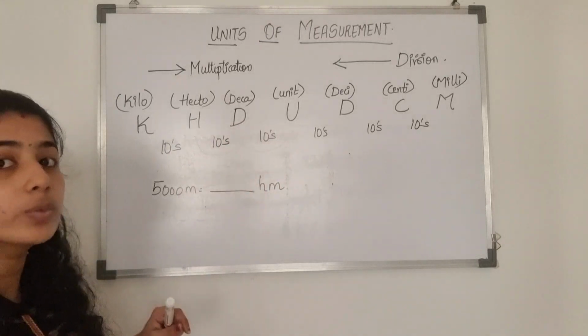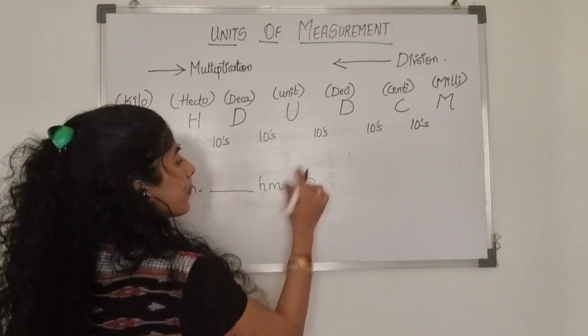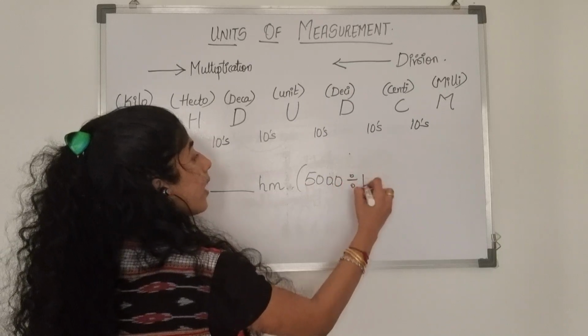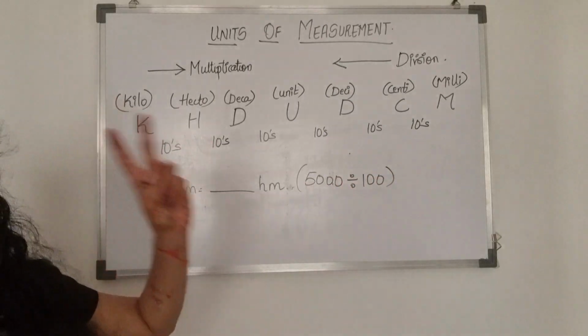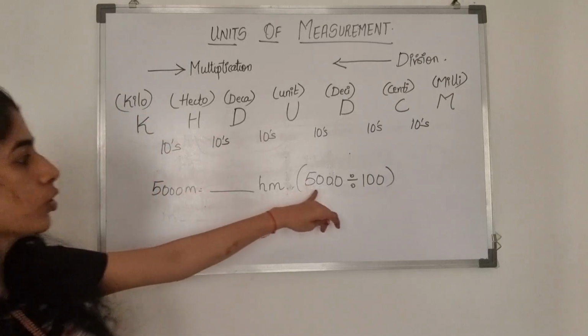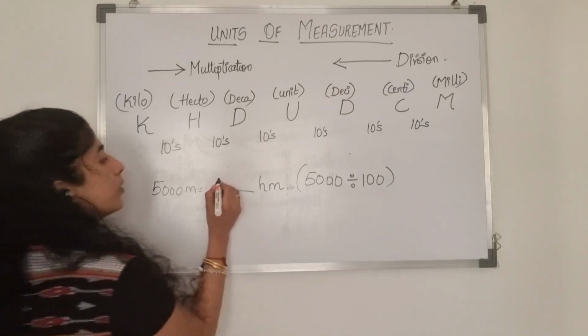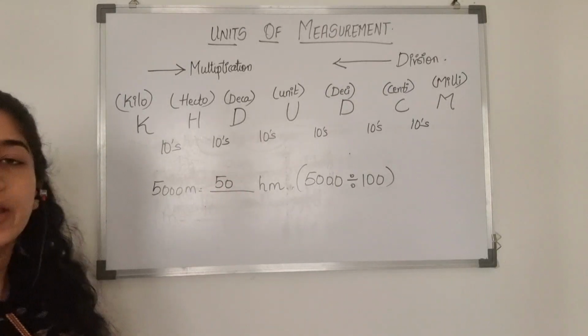I am covering 2 tens. It means I am going to do 5000 divided by 100. Why? Because I am taking 2 steps. I am covering 2 tens. So 5000 divided by 100 will be how much? 50. So 5000 meter is equal to 50 hectometer.